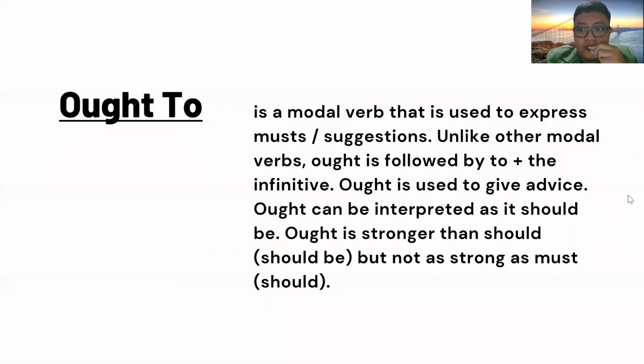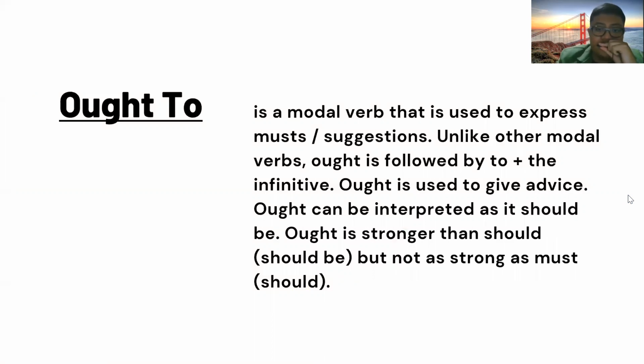Number two is ought to. Ought to is a modal verb that is used to express must or suggestion. Unlike other modal verbs, ought is followed by to plus the infinitive. Ought is used to give advice, and ought can be interpreted as it should be.